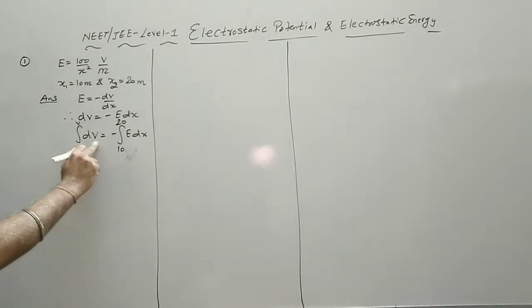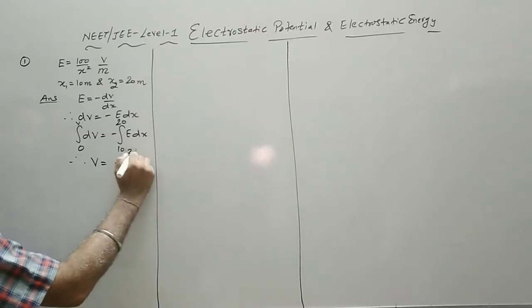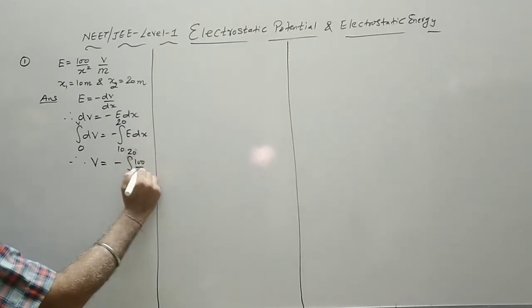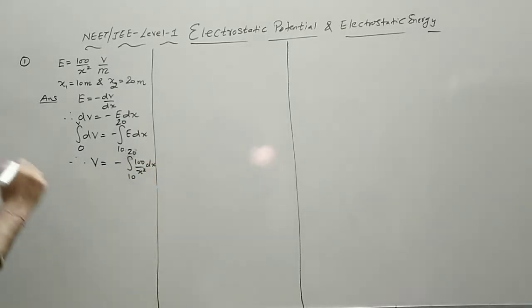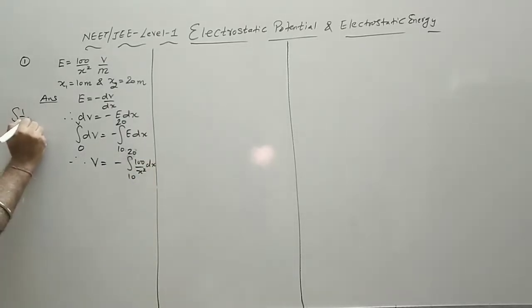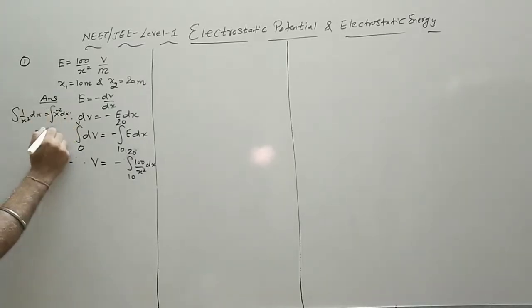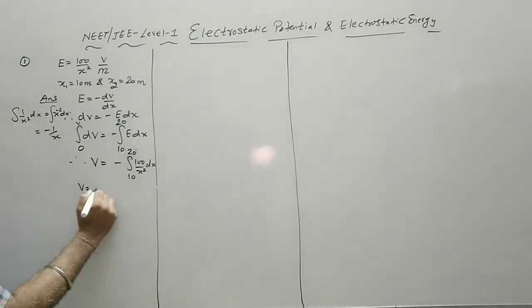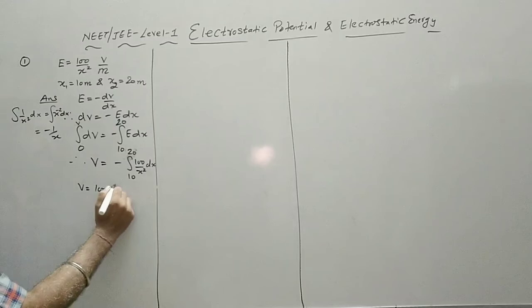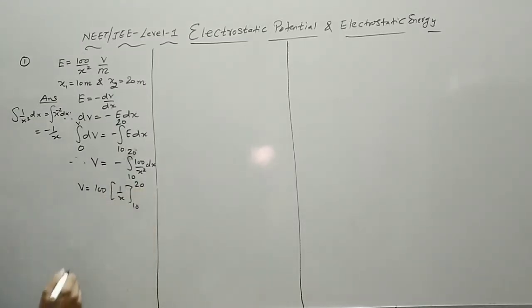Therefore, integration of dV, that is V, is equal to minus integration, limit 10 to 20, 100 upon x square dx. We know the integration of 1 upon x square dx, which can be written as integration of x to the power minus 2 dx, and using the rule it is minus 1 by x. So V is equal to 100 times 1 upon x, and the limit becomes 10 to 20.